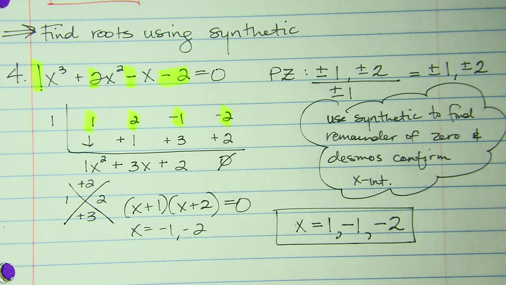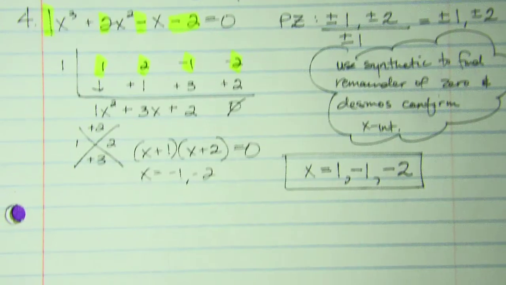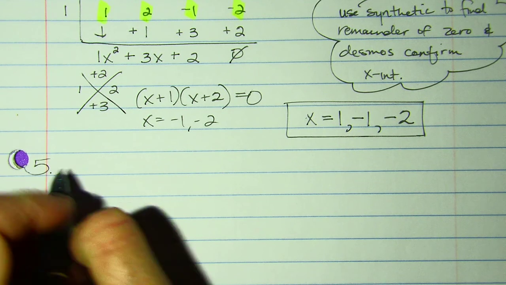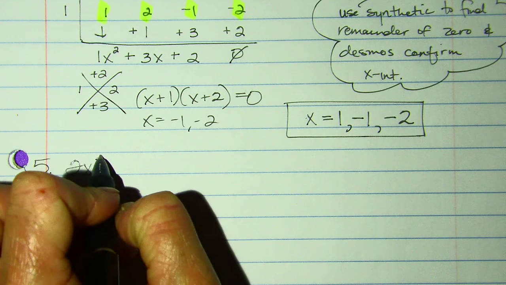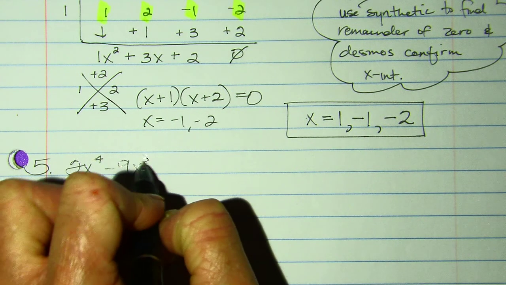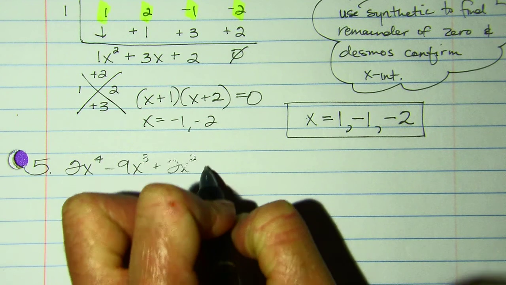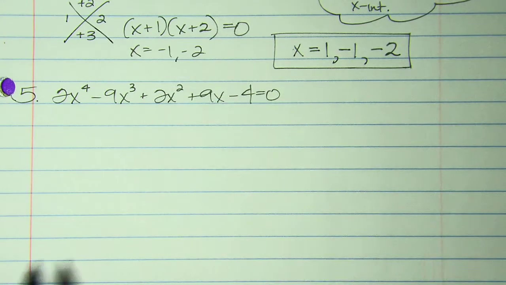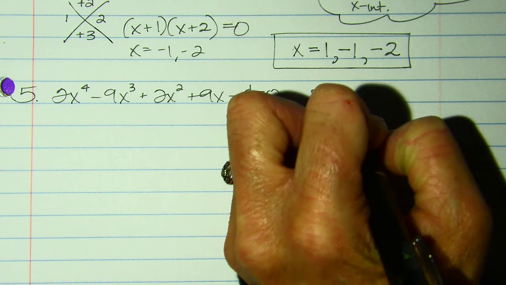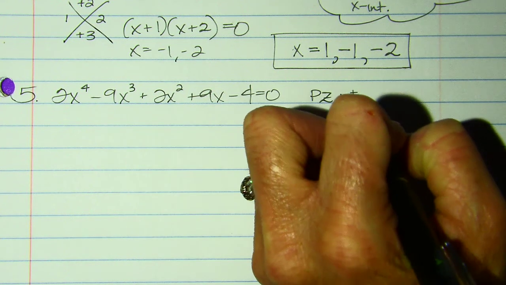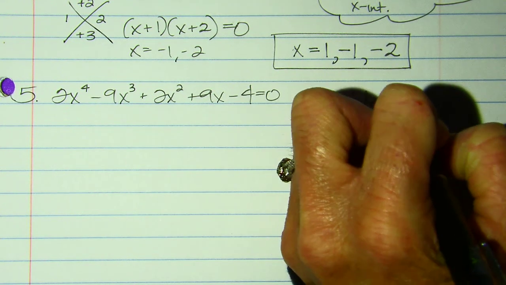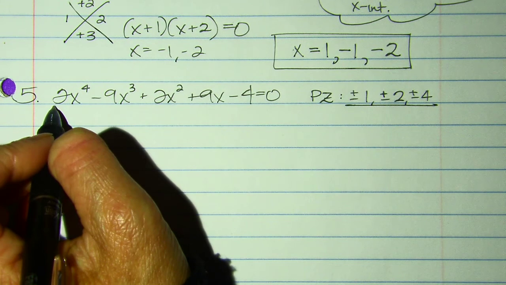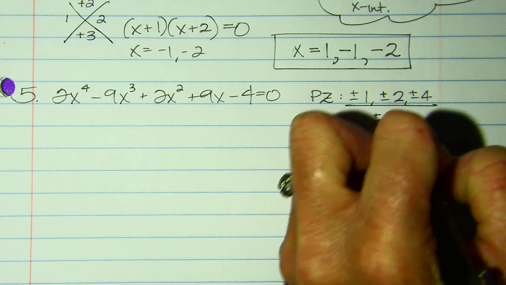We're going to try one more. If I want to solve 2x to the 4th minus 9x cubed plus 2x squared plus 9x minus 4 equals 0, my possible zeros are factors of my constant over factors of my leading coefficient. Factors of 4 are 1, 2, 4. Factors of my leading coefficient are 1 and 2.